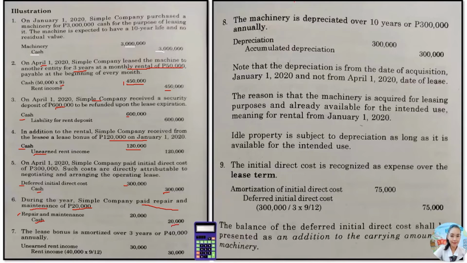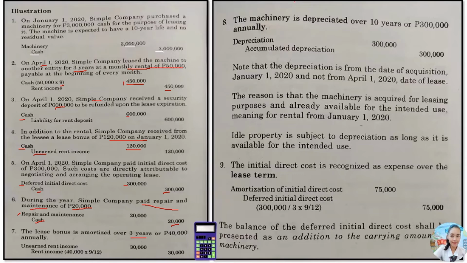Now next is the lease bonus. Assuming it is the end of the year. The lease bonus, as I have said earlier, is amortized over the lease period. Now the lease period is 3 years.